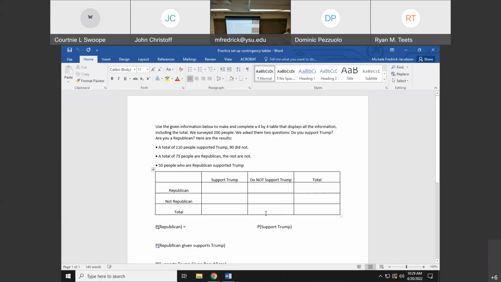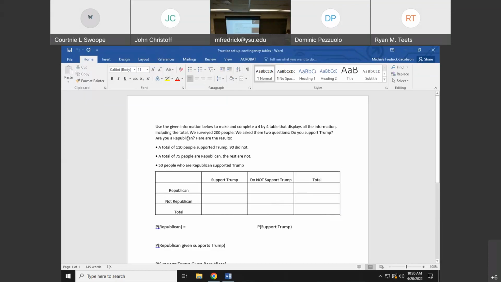It says, use the given information below to make and complete a 4x4 table that displays all the information, including the total. Sometimes you'll see contingency tables where this total and the one going across the bottom is not there. So then you need to use those totals and write them in, or think about them when you're finding your probability. I always have totals.